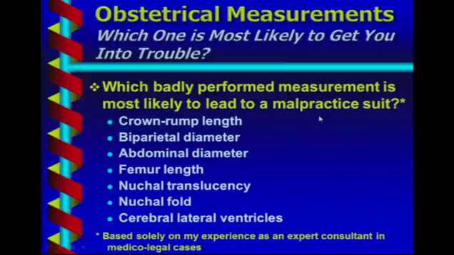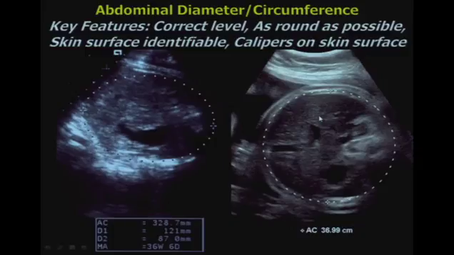So I started out by asking which of these measurements is most likely to get you into trouble if you do it badly. And the answer is the abdominal diameter. I've seen a number of medical malpractice cases where the error that led to a bad outcome was a mismeasured abdominal diameter, leading to underestimation of the fetal weight, leading to an attempt at vaginal delivery when a cesarean section should have been done.